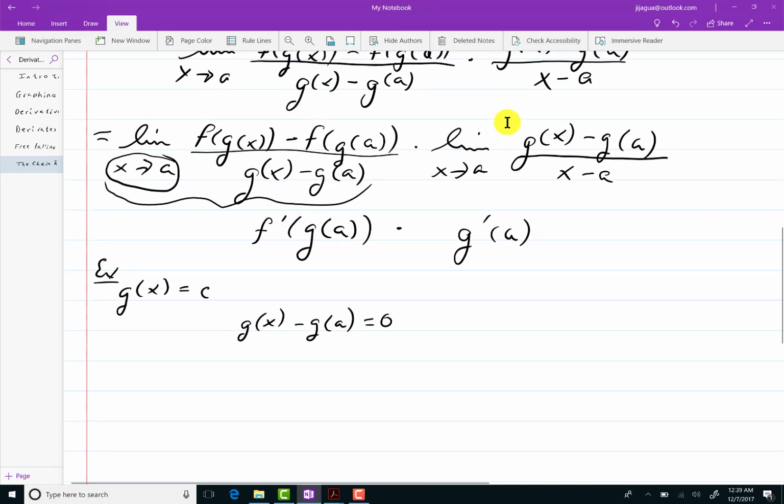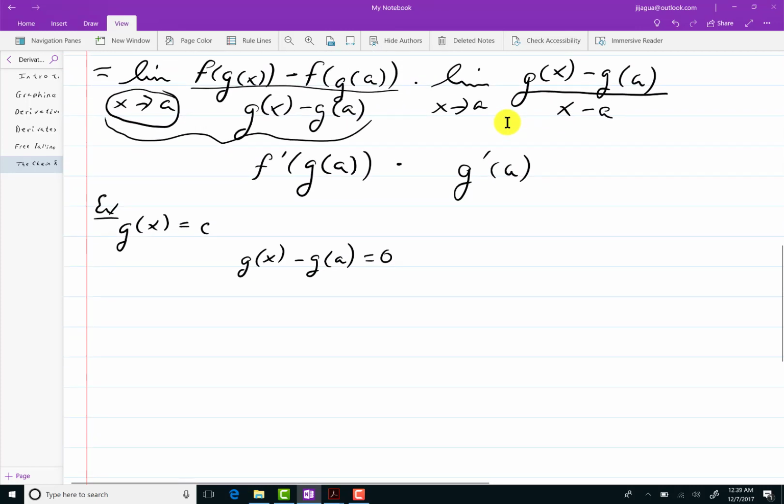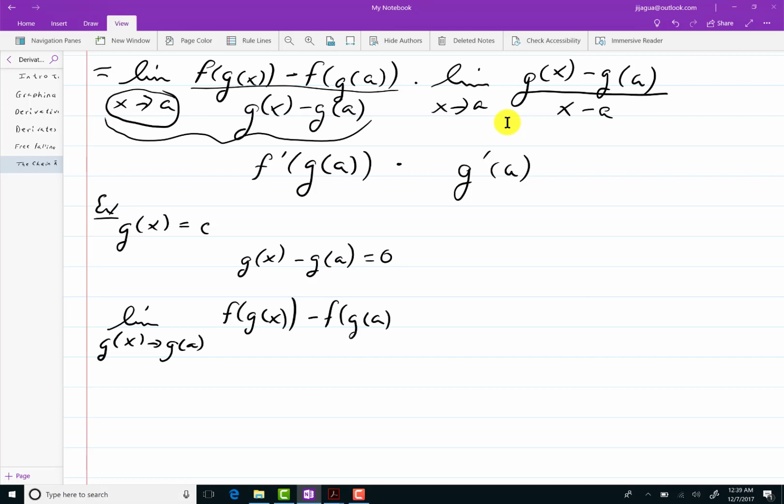And not only that, if I wanted to even think about this, the limit as g of x goes to g of a, of f of g of x minus f of g of a all over x minus a, you're going to have to guarantee me an interval around g of a for which g of x does not equal g of a on that interval.